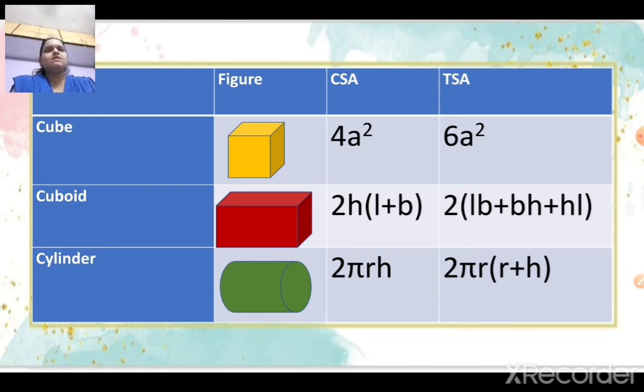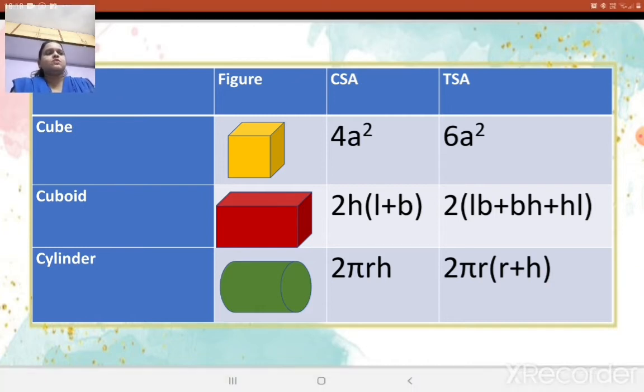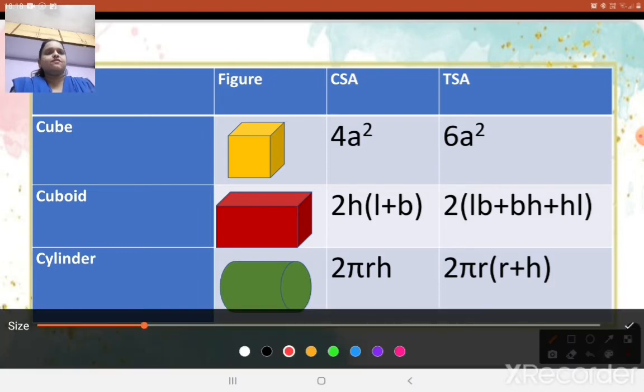Now quickly we will revise once again whichever formula we have learned till exercise 13.4. Let us see the formulas. The first one is what? That is surface area of cube and cuboid.